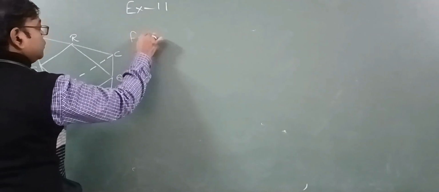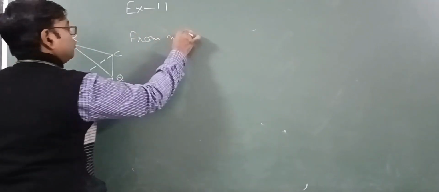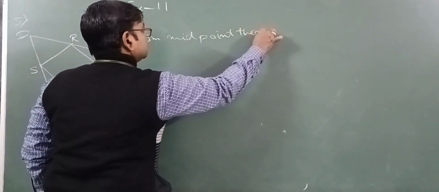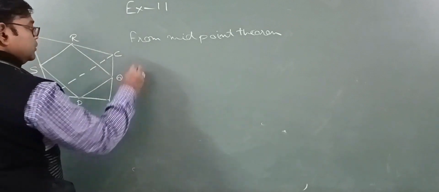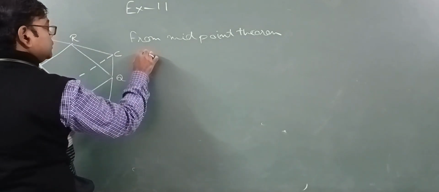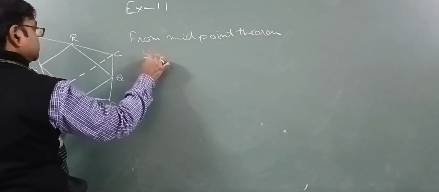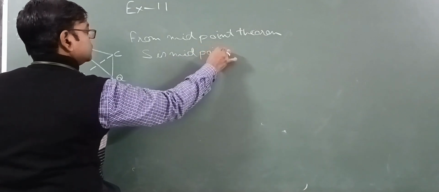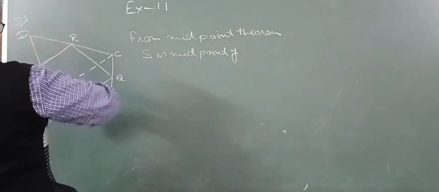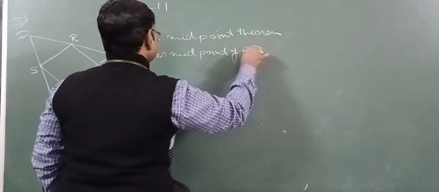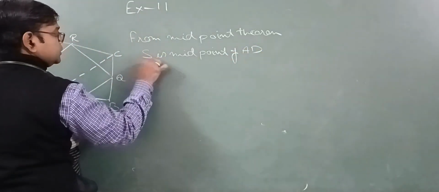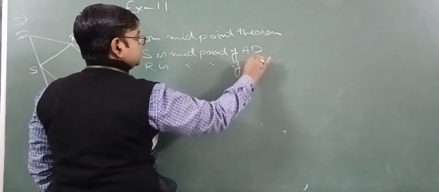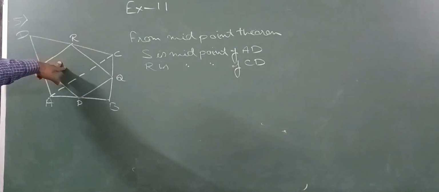So here we can write down from midpoint theorem, as we know S is midpoint of AD, and also we know that R is midpoint of CD. R is the midpoint of CD.